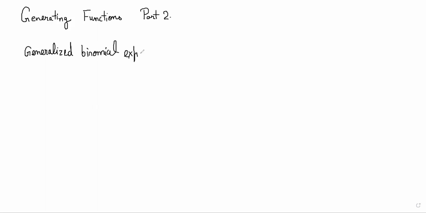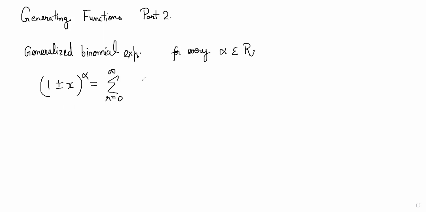Generalized binomial expansion: for every alpha belonging to real numbers, (1 plus minus x) to the power alpha is equal to the summation of r from 0 to infinity of alpha C r times (plus minus x) to the power r, where we will define this alpha C r term.